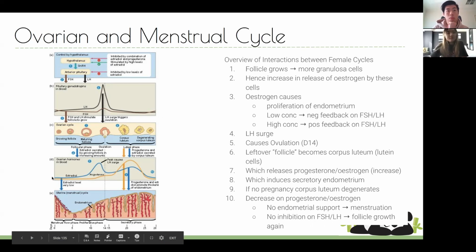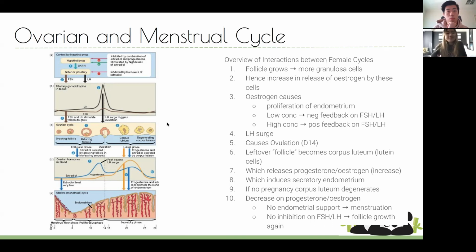So this is the grand overview. I think if you have a good grasp of this, everything else will make a lot more sense. So we'll go through this really carefully. In the first half of the 28-day cycle, we have a follicle surrounding the egg that is slowly growing. The follicle is made up of cells called granulosa cells, and we'll get into that a bit more later.